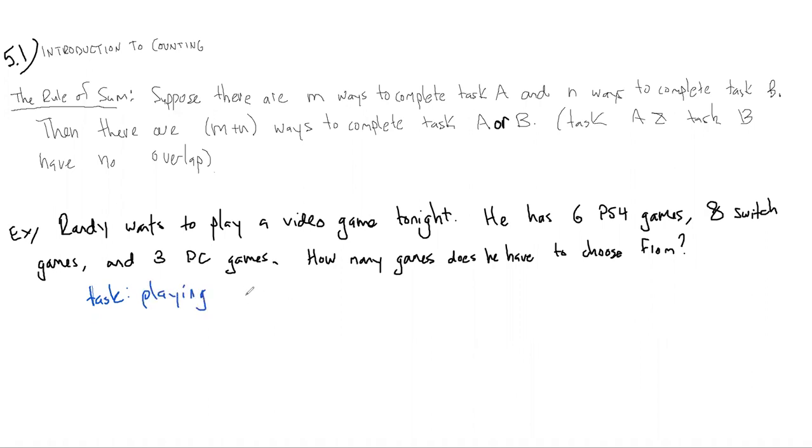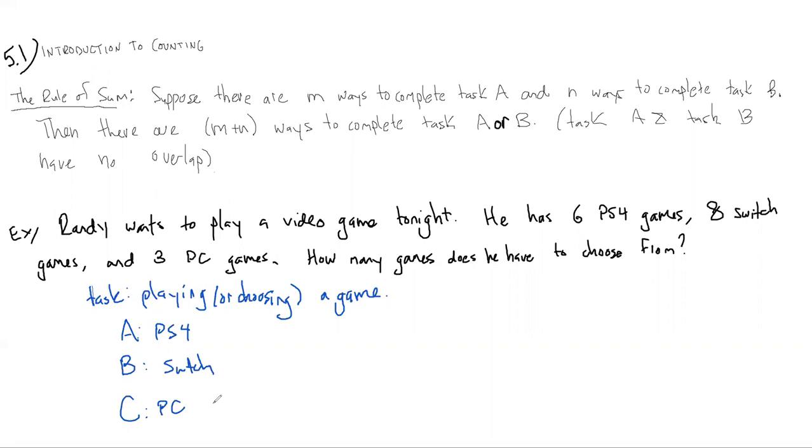Or you could even make it just choosing a game. And so task A would be the PS4 games, and B would be the Switch games, and C would be the PC games.